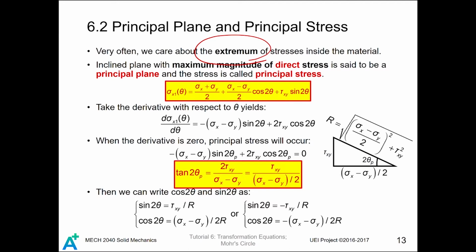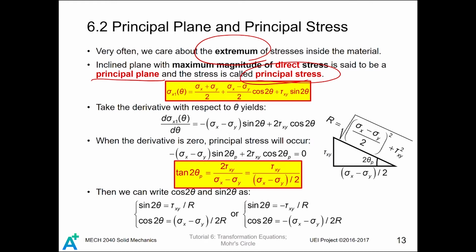An inclined plane with maximum magnitude of direct stress is said to be a principal plane, and the stress is called principal stress. So the principal plane and principal stress are about at what angle of inclination you can obtain the maximum stress inside the stress element.